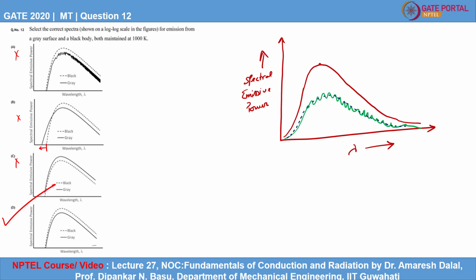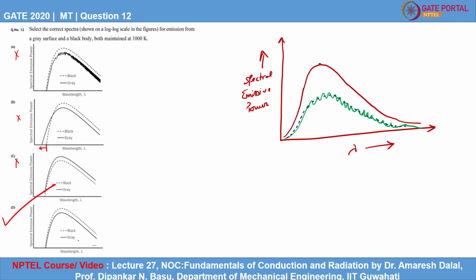Where this black body is a kind of hypothetical body which can absorb all incident electromagnetic radiations. While a grey body will absorb all the radiations with a fraction smaller than that of a black body, and that fraction is represented in terms of emissivity.